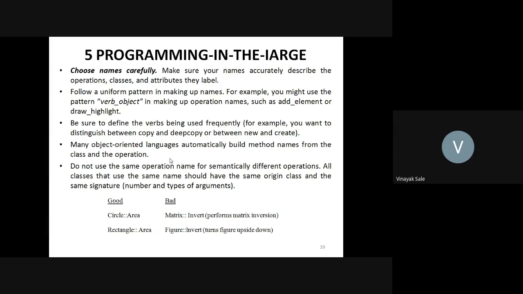For example, in case of class circle, the method is area. In case of class rectangle, the method is area. But in case of matrix class, the method is invert matrix, that is, this is not a figure.